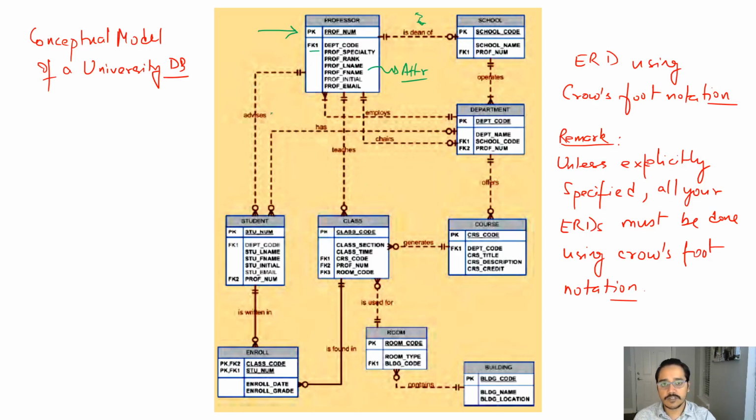Some of the relationship lines are dotted, whereas some other relationship lines are solid. You have single straight lines in some of the relationship classification types, but in other cases, you have a circle with a straight line instead of two straight lines.